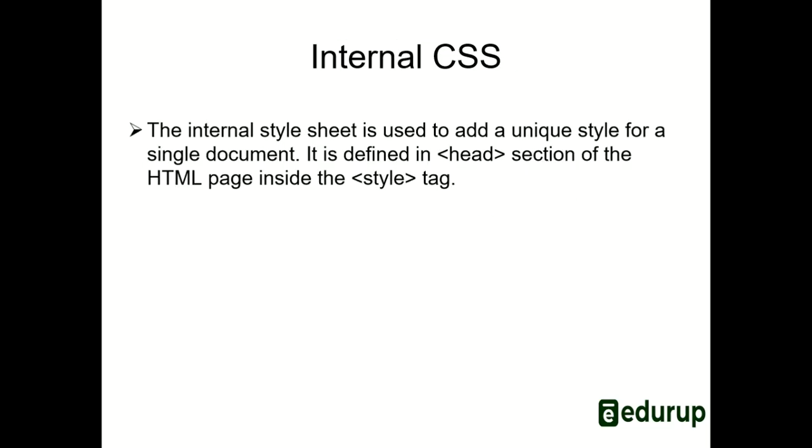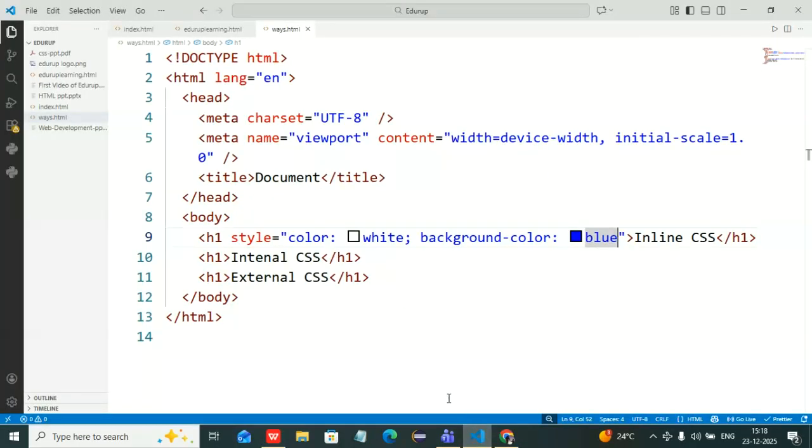Next is internal CSS. An internal style sheet is used to add a unique style for a single document. That is for a single element. Okay, this is for a single document. It is defined in the head section of the HTML page inside the style tag. I'll show you where it is.